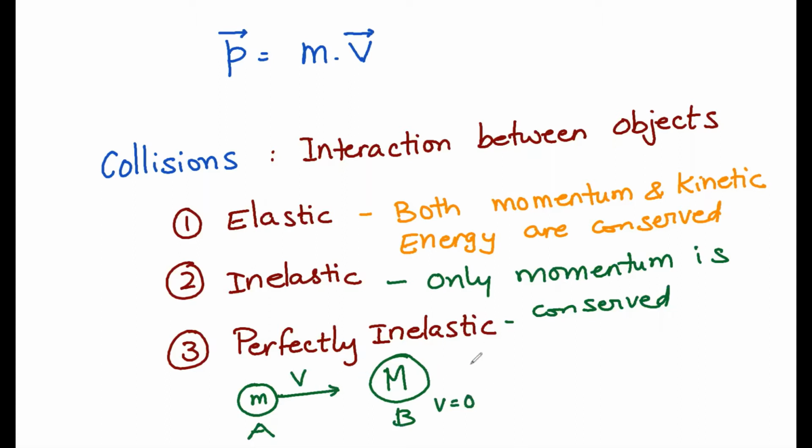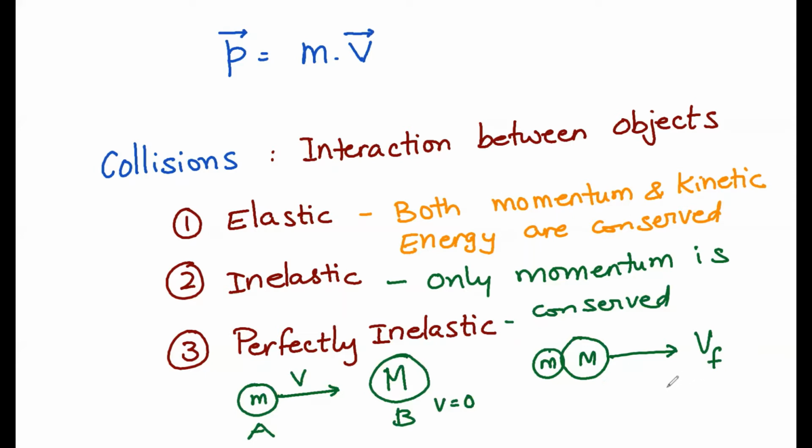Now, after collision, object A and object B combine together and move with a velocity Vf. Such collisions are called perfectly inelastic collisions. In a perfectly inelastic collision, objects combine together and move as one entity with the same final velocity.